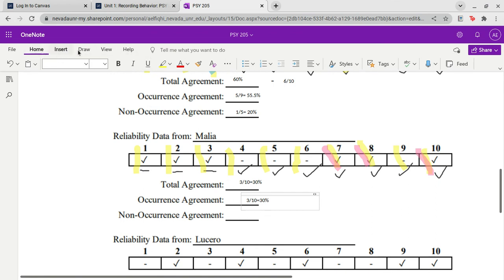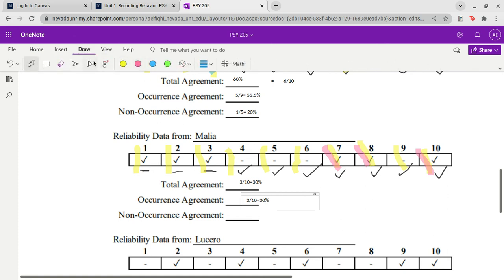Okay, and then we're going to go through and do the non-occurrence agreement. So I'm going to try to erase these without erasing everything else. Perfect. Okay. So we'll get our highlighter back and I'm going to go through ones that have at least one non-occurrence.